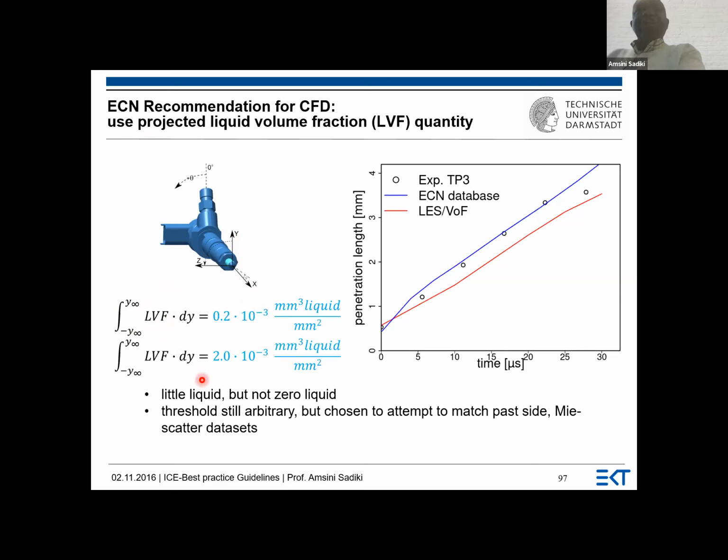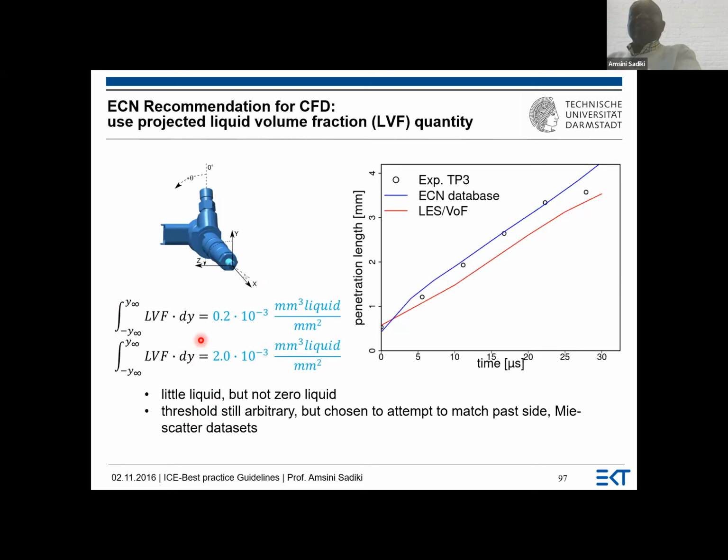We say the threshold is, for example, alpha, the volume of fluid, must not be larger than 0.3 or 0.4. And if I put this here, I calculate the position where I will find this limit.